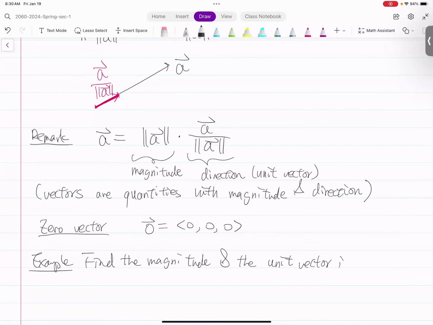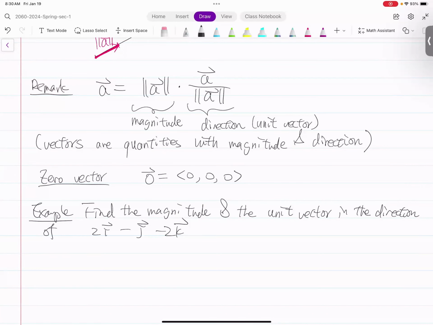So we want to calculate the magnitude and the unit vector along its direction. So the two important components of the vector are captured.